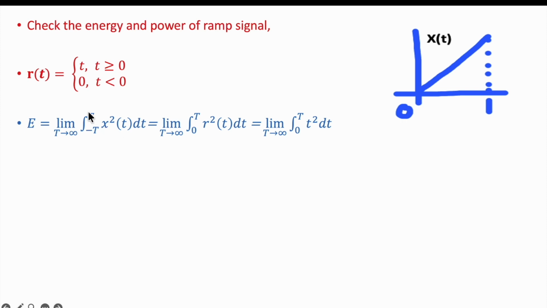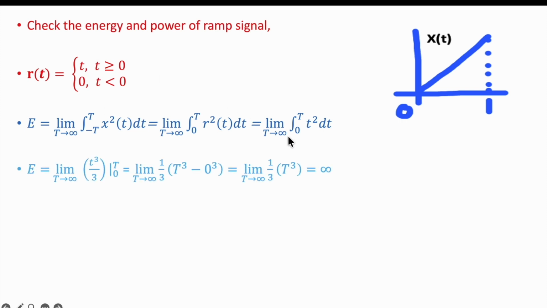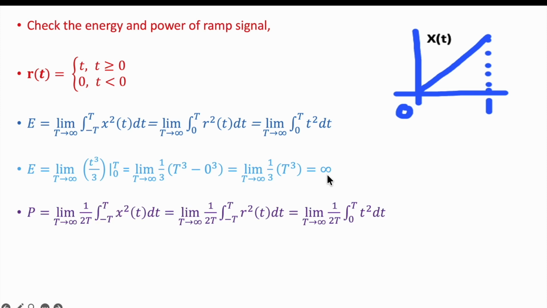So x of t, which is the ramp signal, r square of t, which is t square, and you know that the integral of t square is t cube by 3. If you insert the upper and lower limits and take the limit as T tends to infinity, you can see that the energy of the signal is infinite.